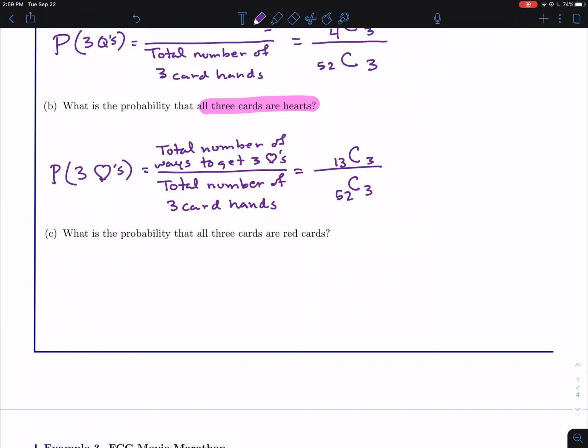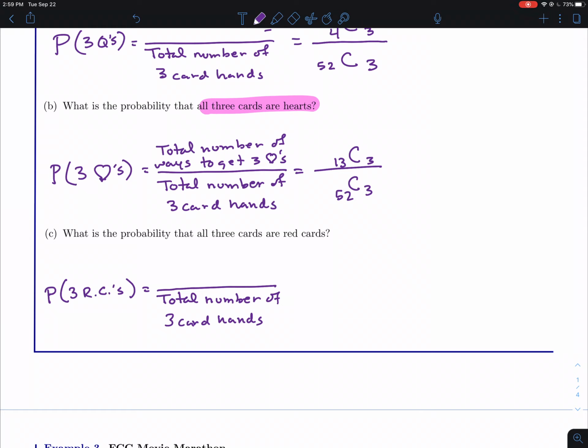What's the probability that all 3 cards are red cards? And so again, same thing. I'm going to write down the bottom description first. So again, it's the total number of 3 card hands.